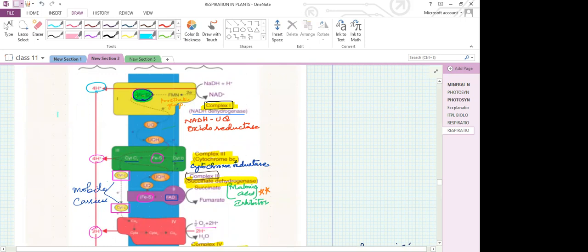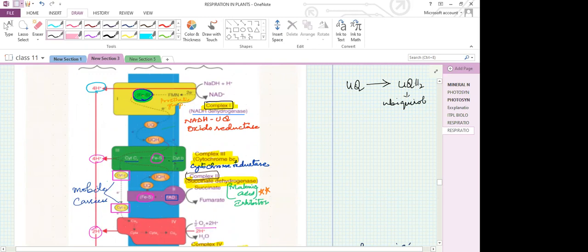Look here. This ubiquinone, while carrying the electron, picks up the hydrogen proton from the matrix, and it is reduced to ubiquinol. So ubiquinone is reduced to ubiquinol.